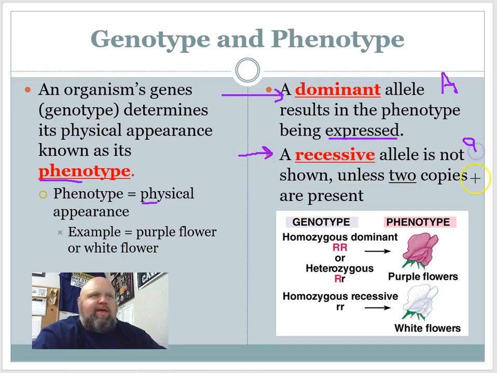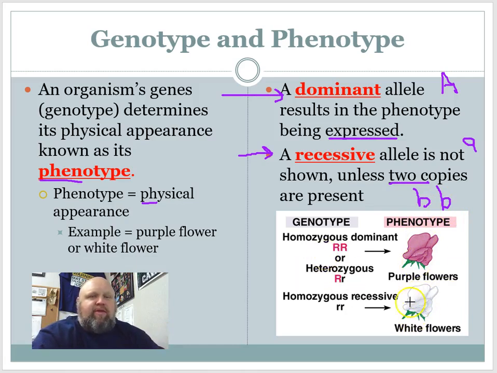So our little a, it doesn't get shown. It gets blocked out by the dominant, unless you have 2 of them. So if you have little a, little a, then it would show because there's nothing else there. There's nothing but recessive, so you have to see that.